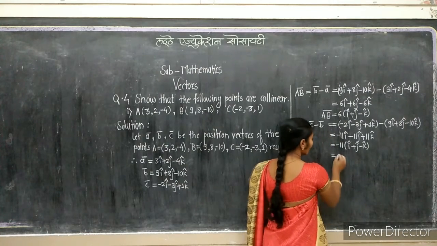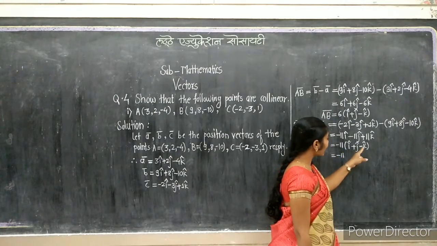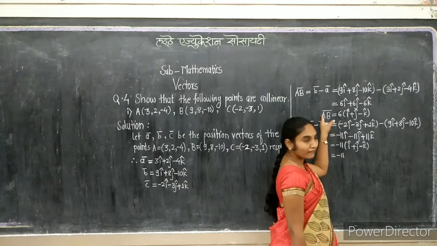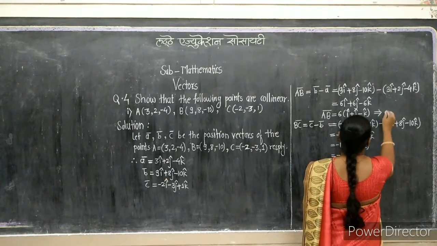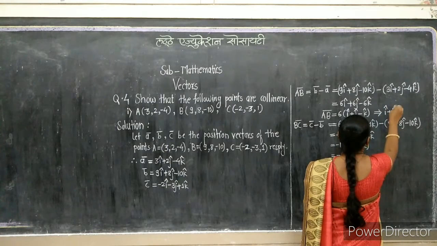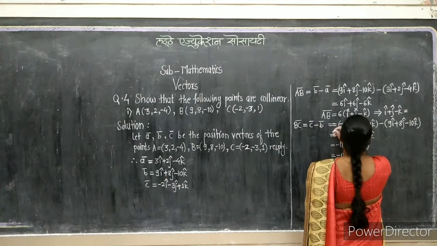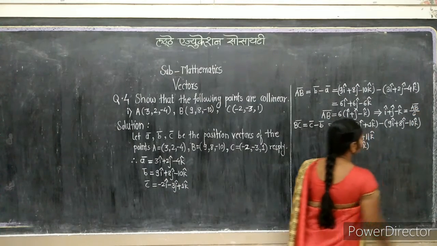Taking minus 11 common, the remaining vector is i cap plus j cap minus k cap. But i cap plus j cap minus k cap is equal to AB bar divided by 6.